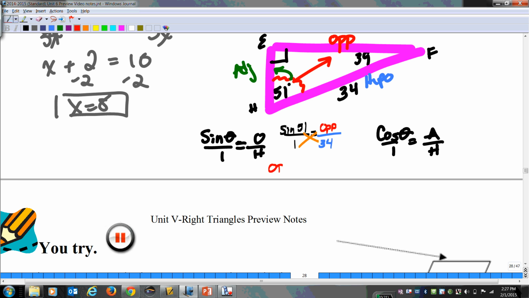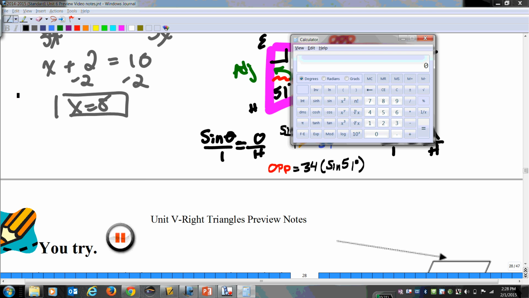I'm going to end up with the opposite equals 34 times sine of 51 degrees. So I do 51 sine times 34. I'm going to round it to the second decimal place. That's 26.42.